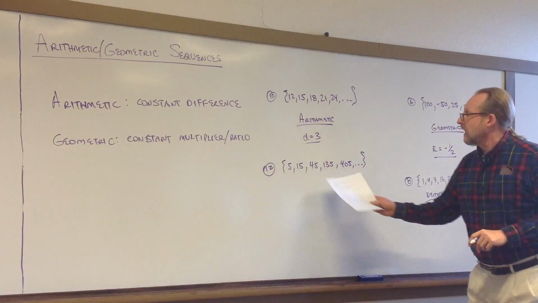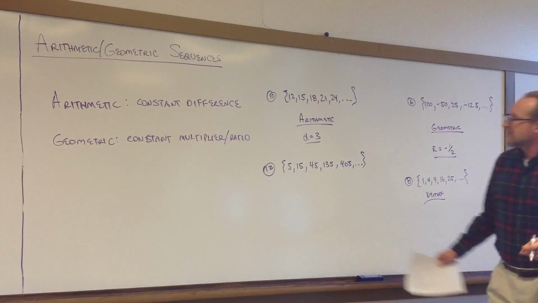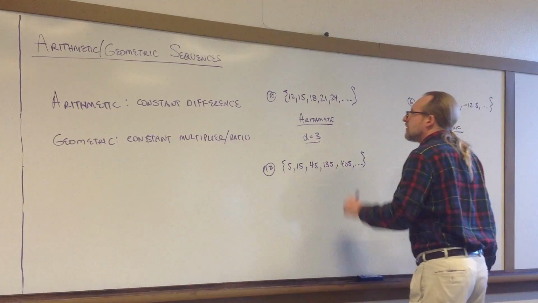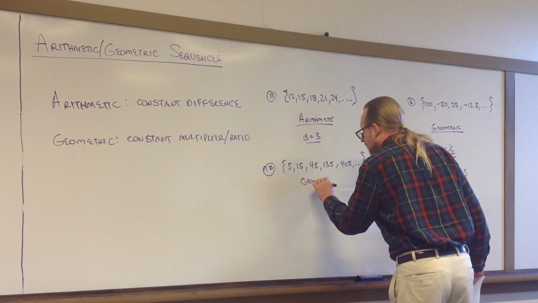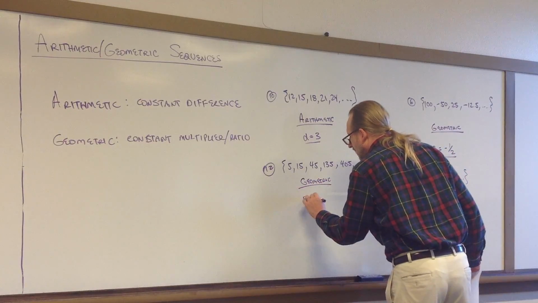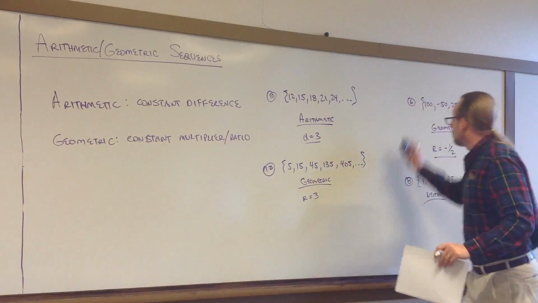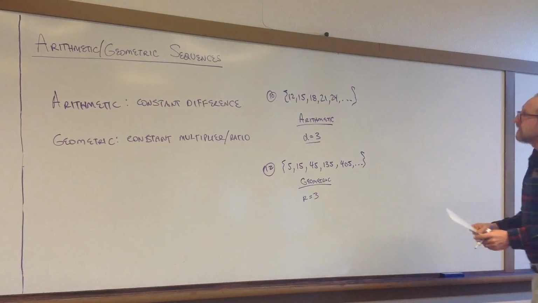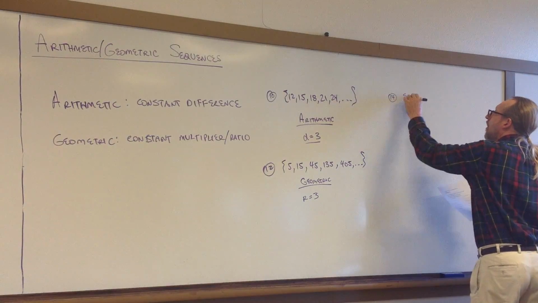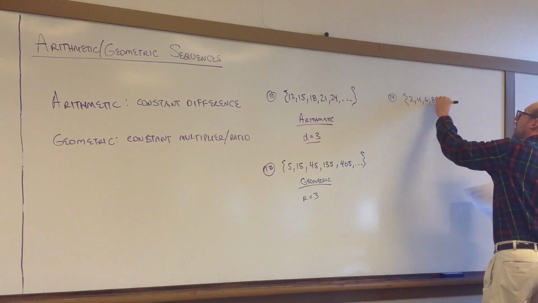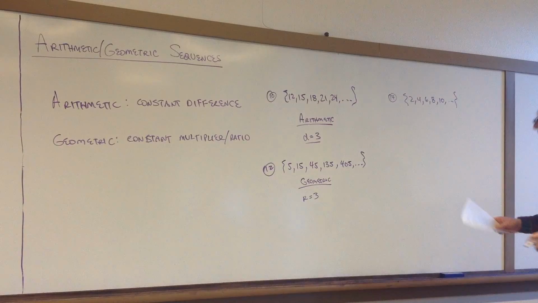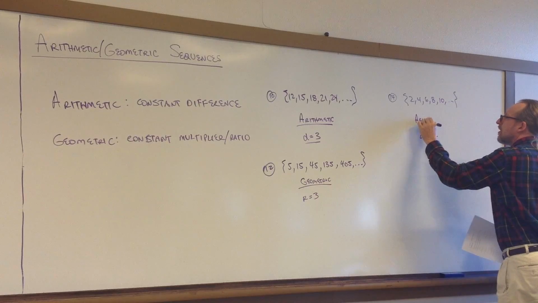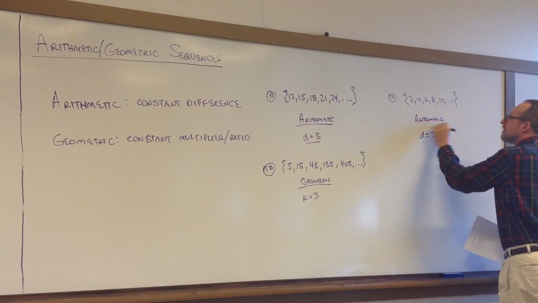Here you can see there's no constant difference, but we do have a constant multiplier. We're multiplying by 3 every time, and if you do it by dividing, you'll get an answer of 3 as well. So this is a geometric sequence, and our constant ratio is equal to 3. Problem 14, 2, 4, 6, 8, 10. Here you do have a constant difference equal to 2. And so this is an arithmetic sequence.